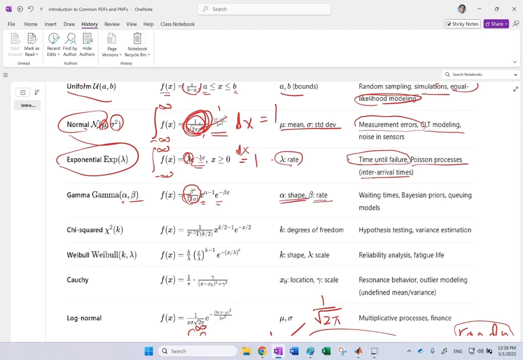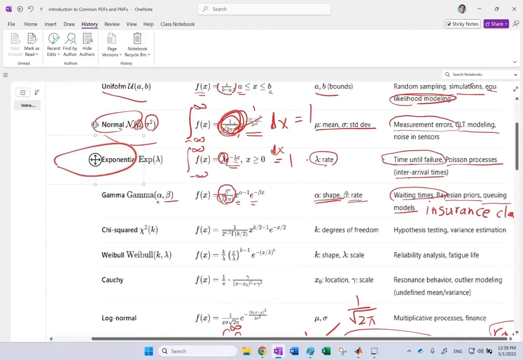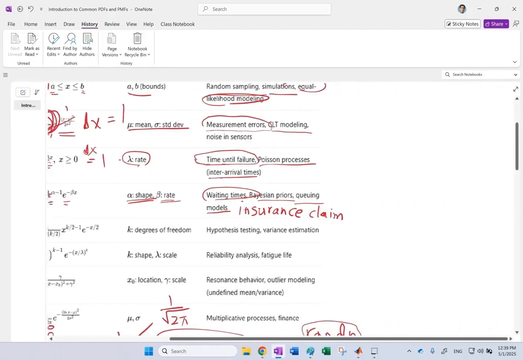Again, this one can be used for queuing models, okay? For Bayesian priors, for waiting times, and so on. So this one is really used in queuing. Another thing you might want to talk about is insurance claims.